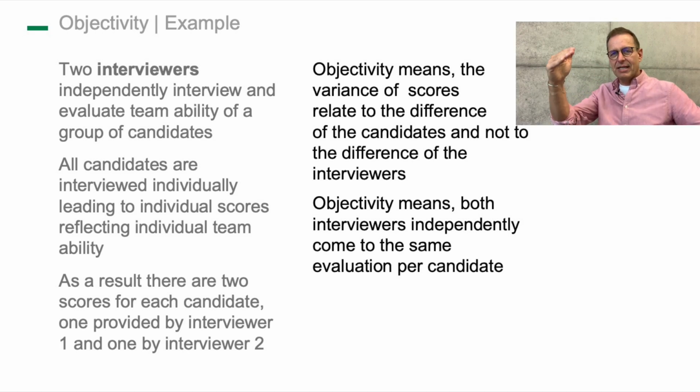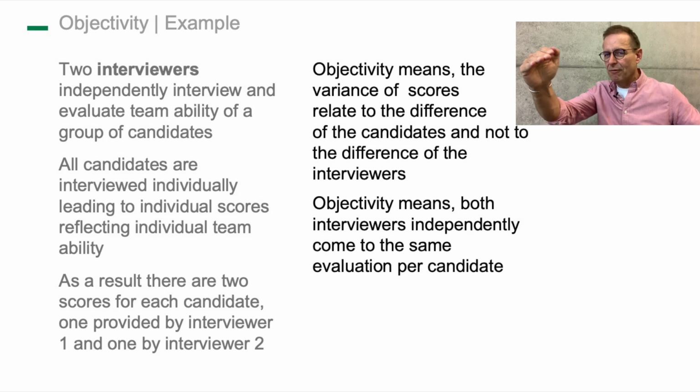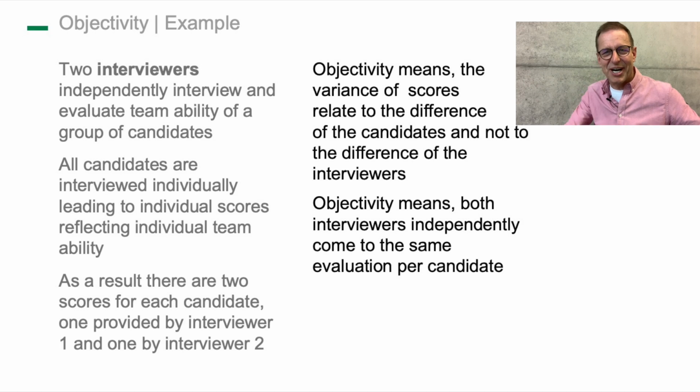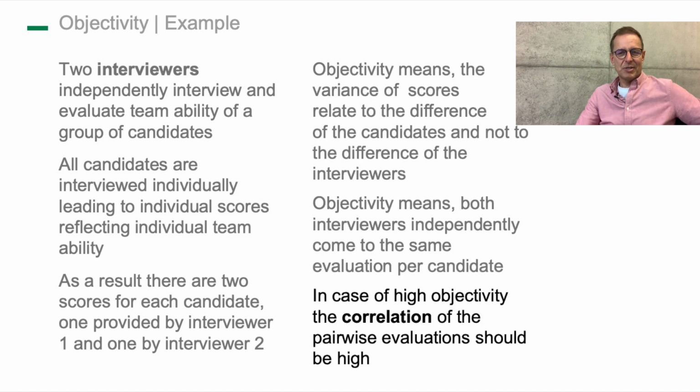So that the variation of the outcome is just related to the difference of the candidates and not to the difference of the HR professionals. Okay, so again, in this case, we calculate a correlation between observer 1 and observer 2. This is what we do.